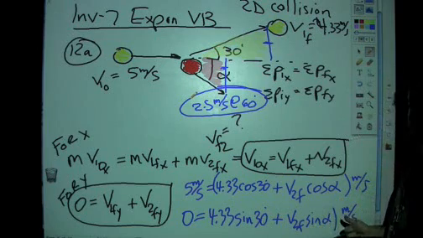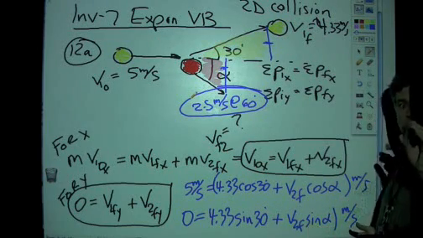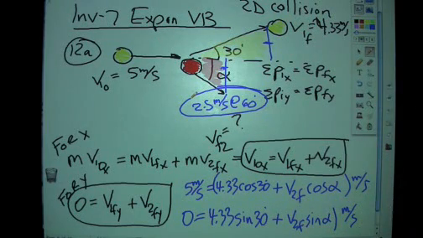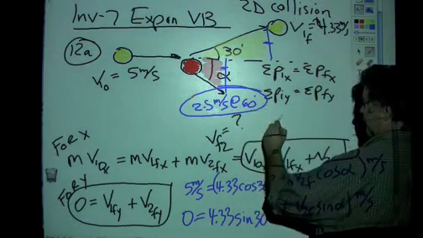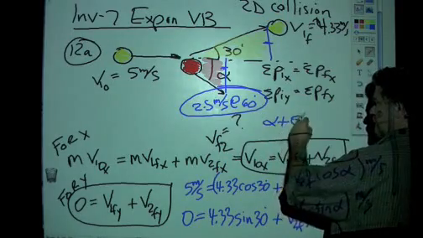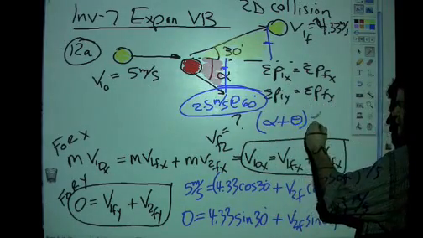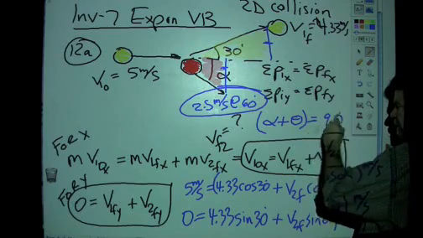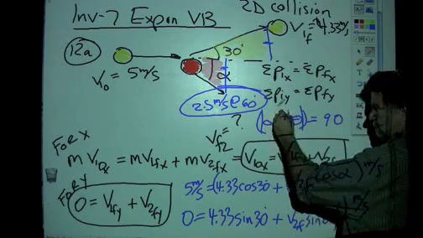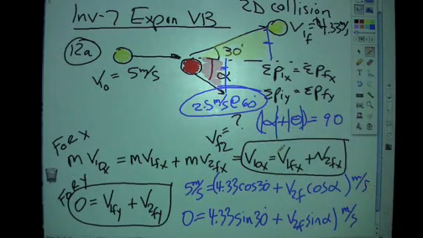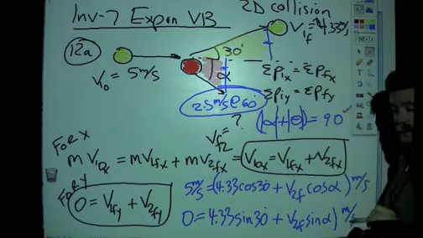You can actually prove this, and if you do, I'll give you a little bonus. You'll find that alpha plus theta, in this kind of collision, if the masses are the same, add up to 90, taking the absolute value of each. That's a real nice shortcut on billiard ball type problems.